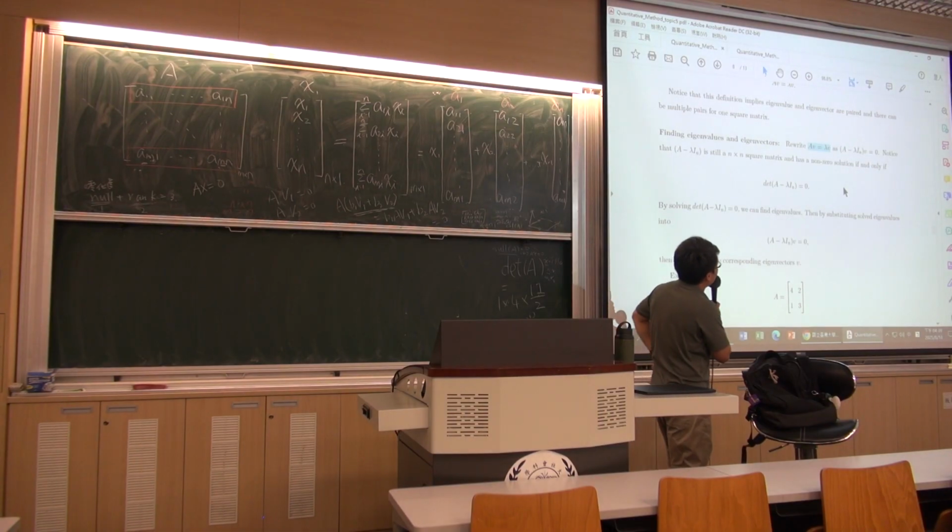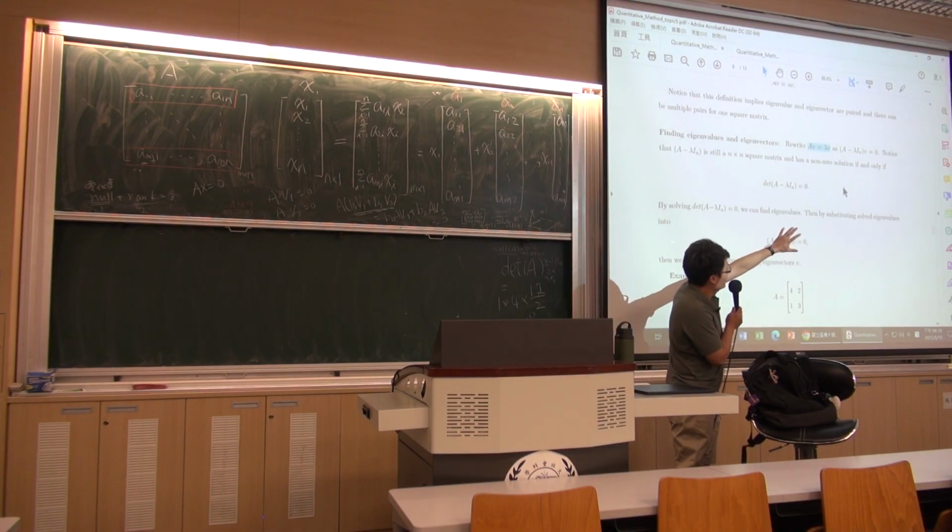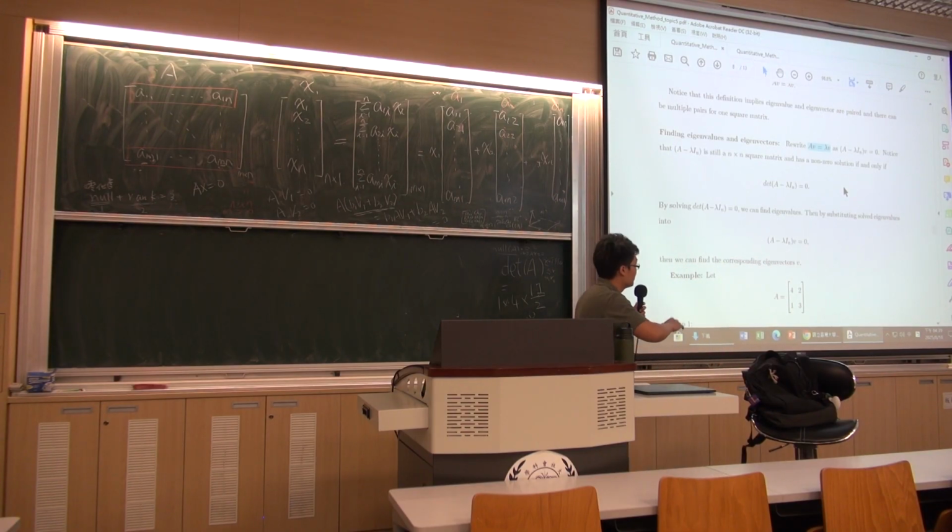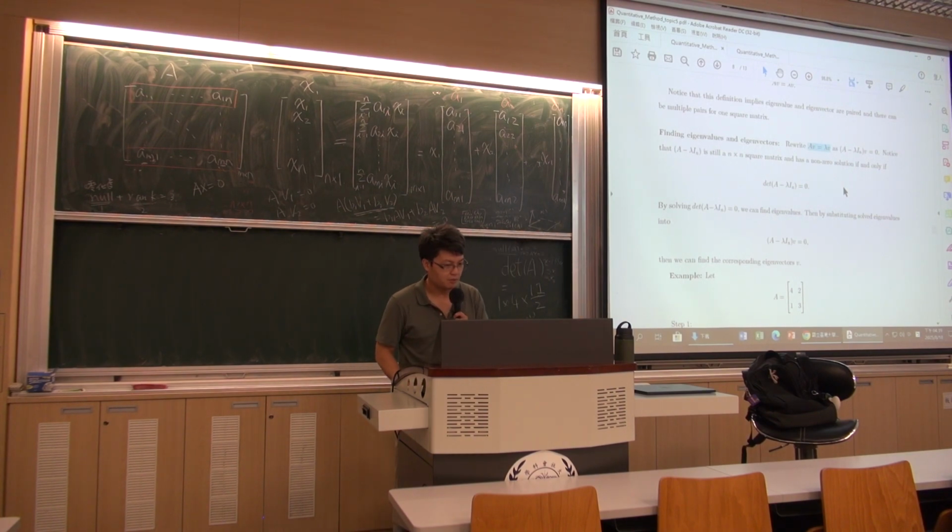We move what is on the right hand side to the left, and because A is a matrix, we need to put an identity matrix there so that you can do the matrix operations. So we can write it as A minus lambda times the identity matrix, times the vector v. Of course, this matrix is still n by n.